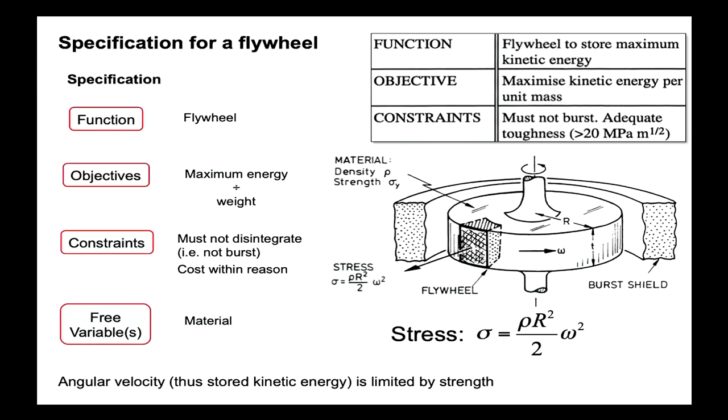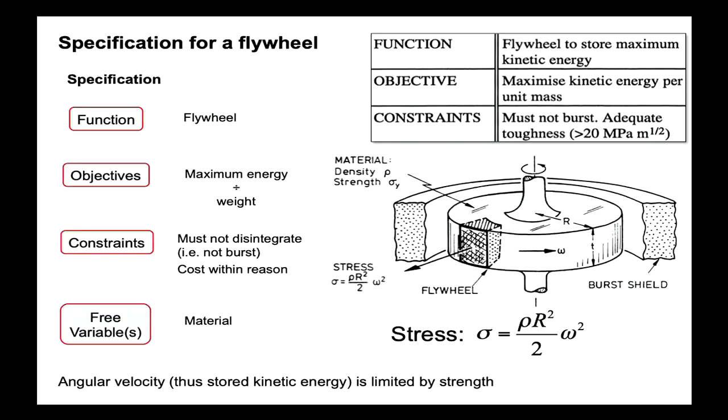As per everything else I've talked about in this topic, function, objectives, constraints and free variables, a list of stuff. We've got our nice little image to give an idea of function. You guys are all penultimate year students, so everything on that slide should be familiar. You might not be saying, oh yeah, I understand everything and I can derive it all from first principles.